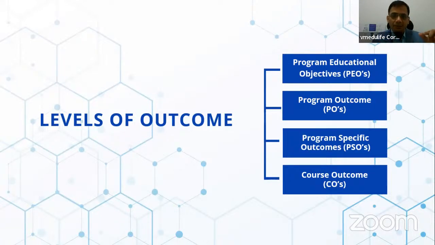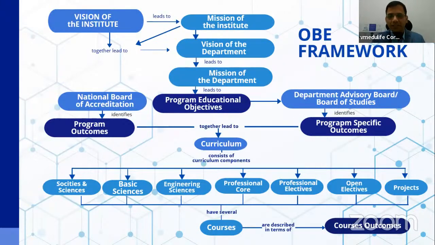So there is a clear segregation between POs and PEOs: POs are expected to be attained at the end of the 4-year degree program, and PEOs are expected to be attained within 3, 4, 5 years after the student graduates from his or her 4-year or 5-year degree program. That's it. So these are the important pillars of this overall tree of outcomes. This is the framework.